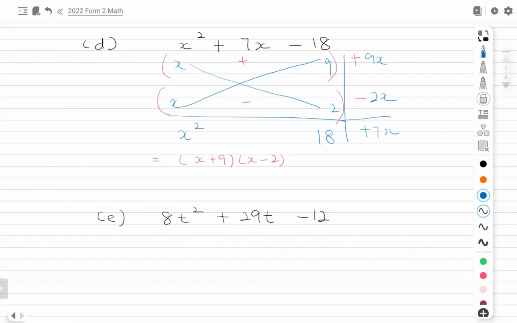Make sure you get the correct symbol and operation, or you will make it harder.